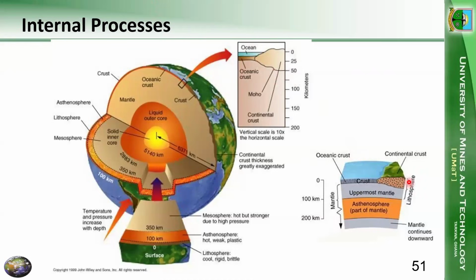But when we take the lower part of the crust and combine it with the upper part of the mantle, then we have the lithosphere. Beneath the lithosphere, we have the asthenosphere, which is hot, weak, and plastic. The outer core is liquid, the inner core is solid. But both the outer core and the inner core are made up of iron and nickel.